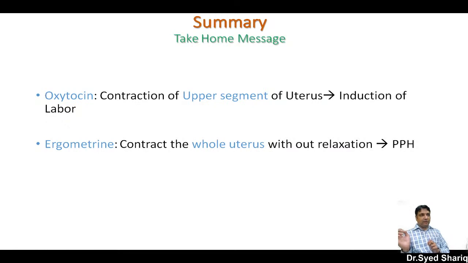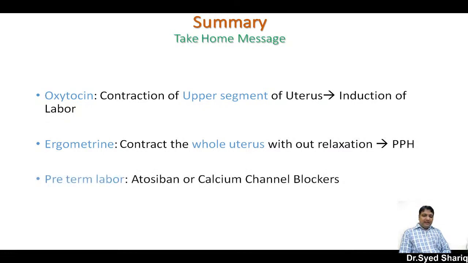It's a very important cause of postpartum deaths in our part of the world, and therefore ergometrine is a very important drug to use in this patient. It is usually given after the anterior shoulder of the baby has been delivered, through the IM route. Oxytocin was given by IV infusion.